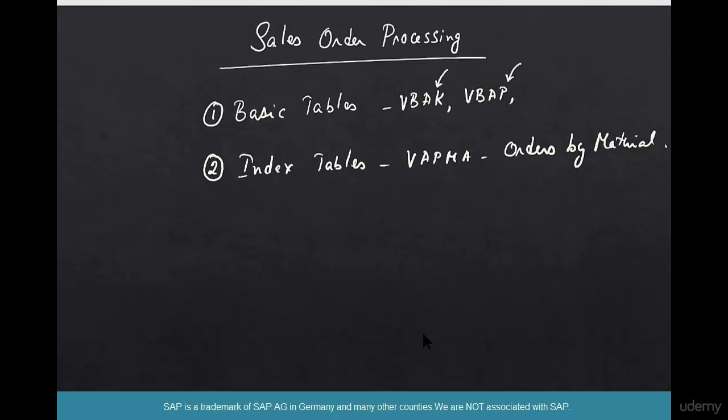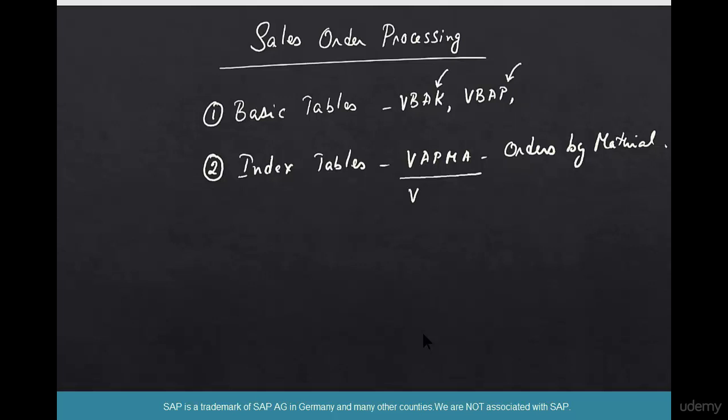But it's a very expensive operation. So, right at the time of creating the order, SAP updates this index table, VAPMA, that's optimized to pull the data of orders by material. That's why they are called index tables.